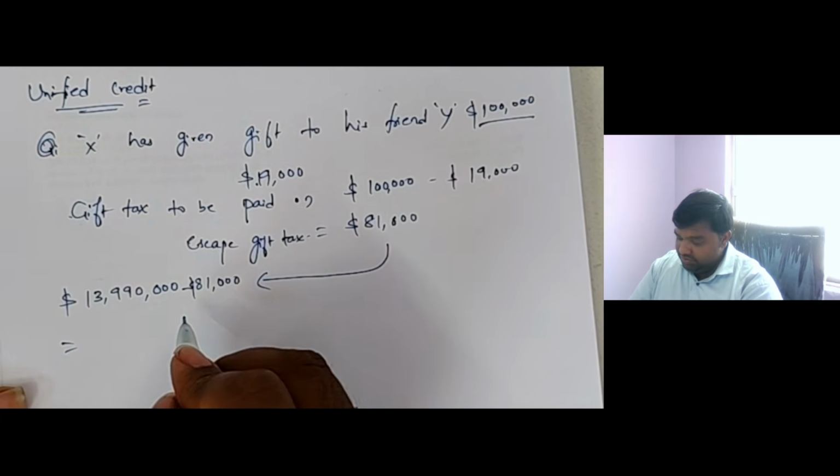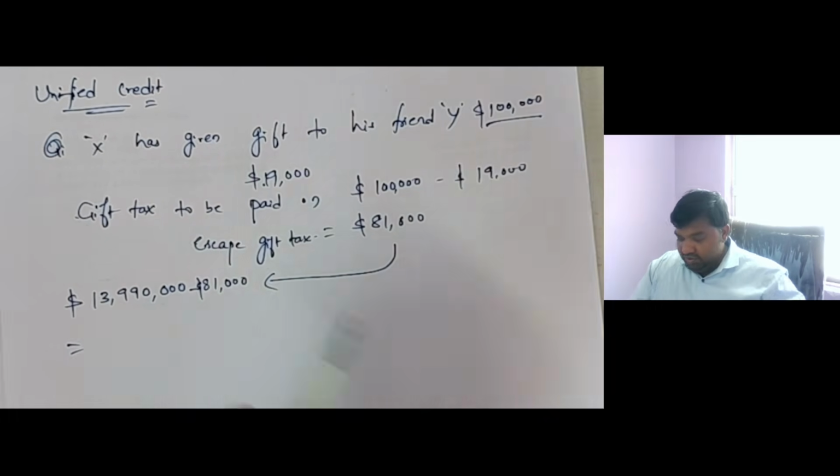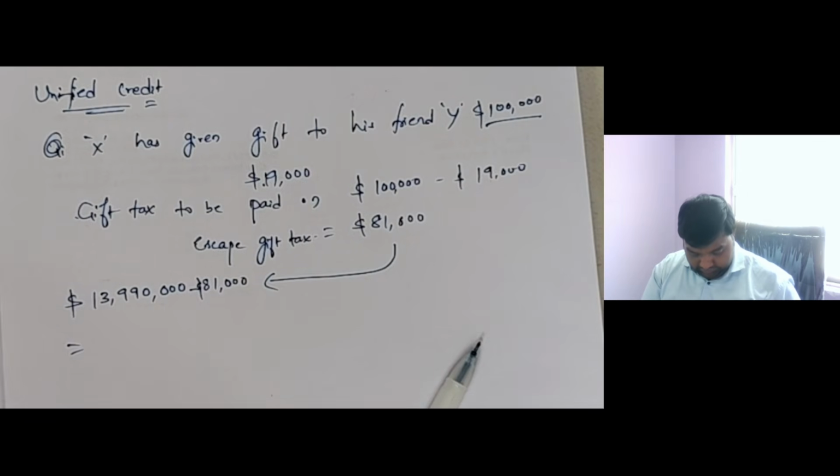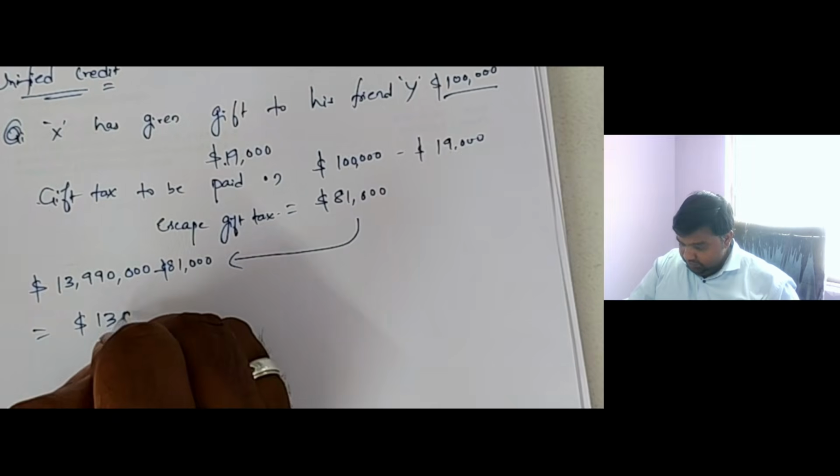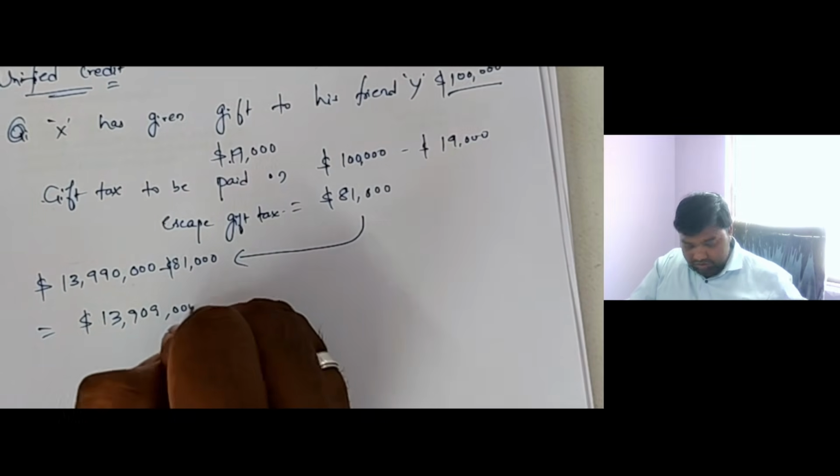Let me calculate. 13,990,000 minus 81,000 comes to 13,909,000 US dollars.